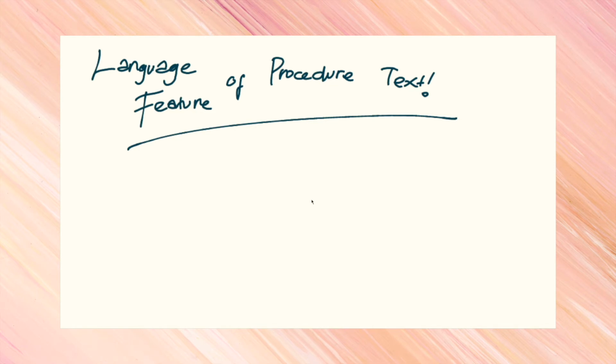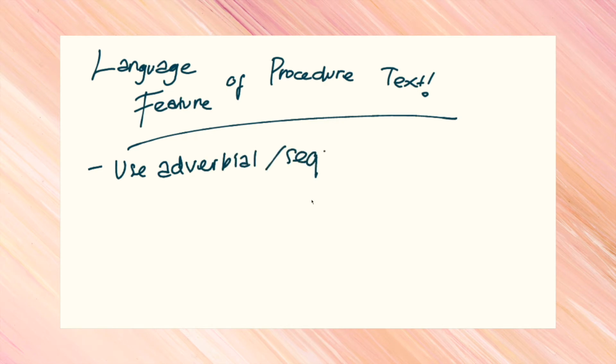So the first is, you want to make sure you use adverbial of sequence, or temporal conjunction: first, blah blah, and then second, blah blah, the third, blah blah, and the last step is blah blah.